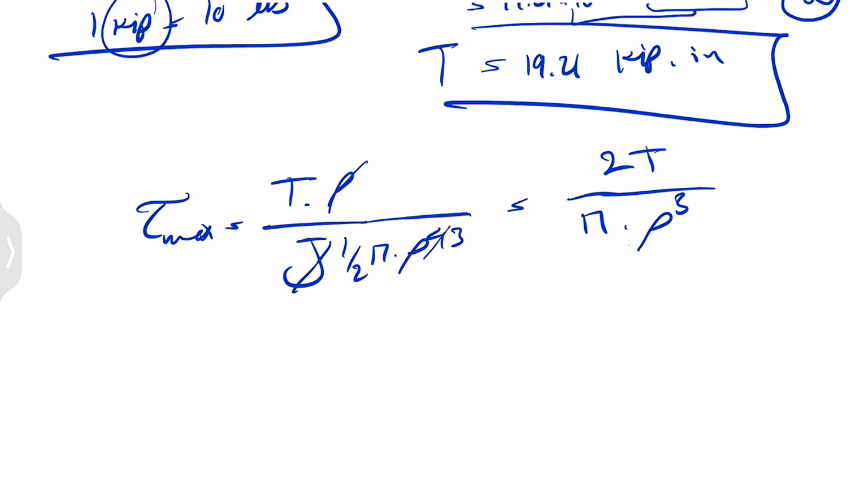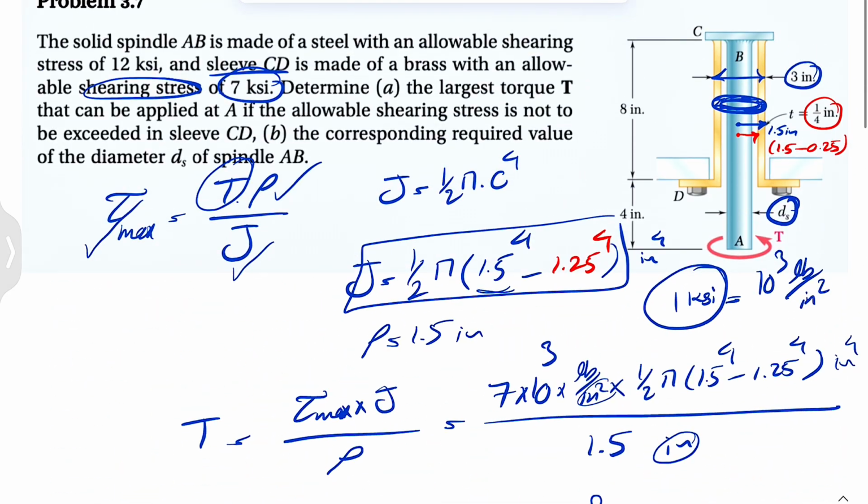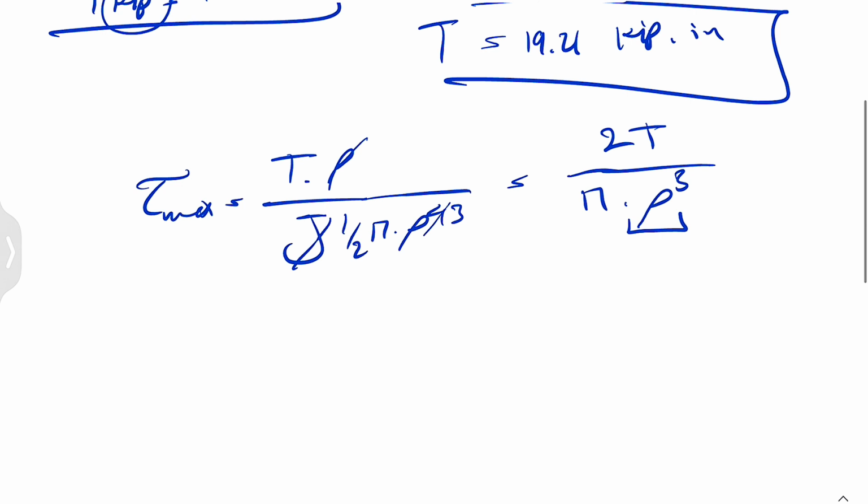Since we are interested in our rho, rho here is the radius, but the question is asking for the diameter. So that's one difference here. What we can do is put ds divided by 2 here, but let's just find the radius for now.